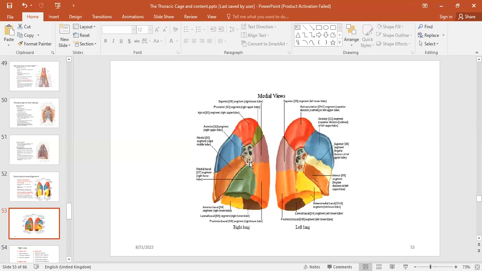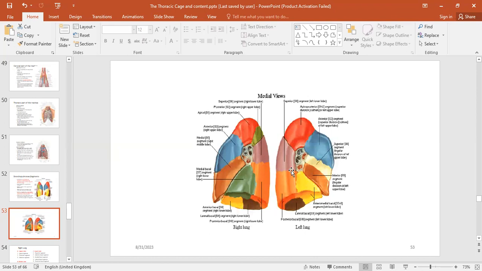These are the two pulmonary arteries entering the lung. Then we have one pulmonary vein leaving the lung. So on the right lung, the bronchus is the superiormost structure in the hilum. It is the one located at the apex here.